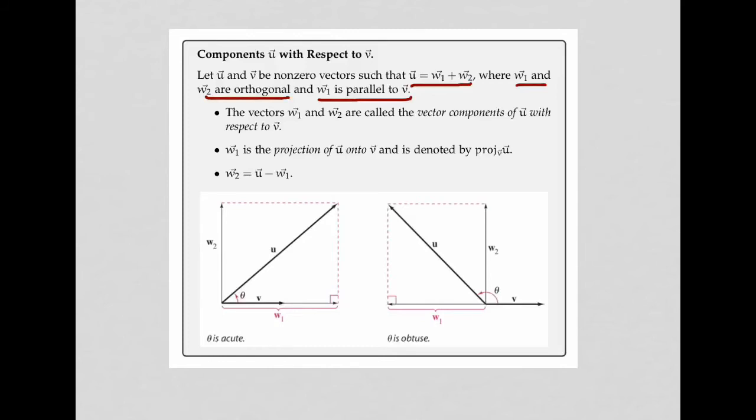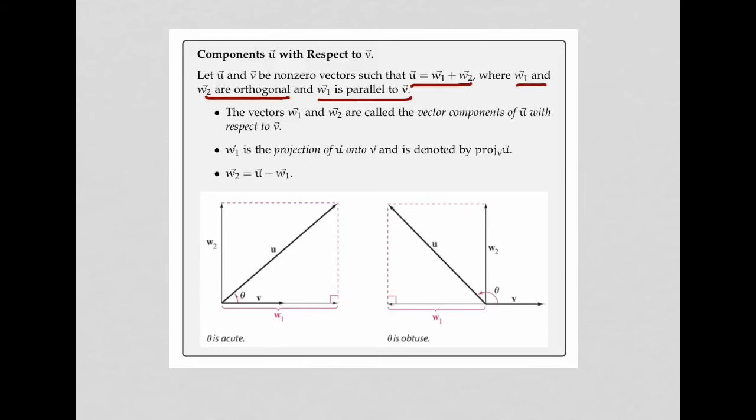So they're parallel in that sense. When theta is an obtuse angle, again notice using the parallelogram rule, vector u is the sum of vectors w1 and w2. w1 and w2 are orthogonal, and vector w1 has the opposite direction as vector v.